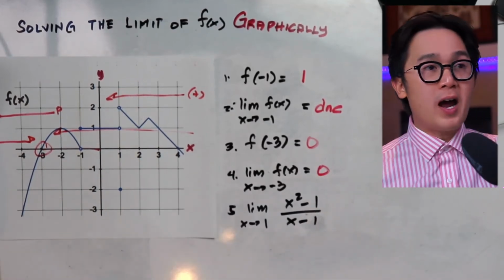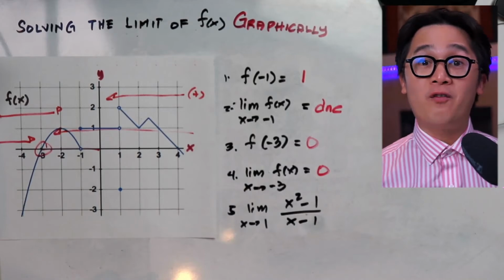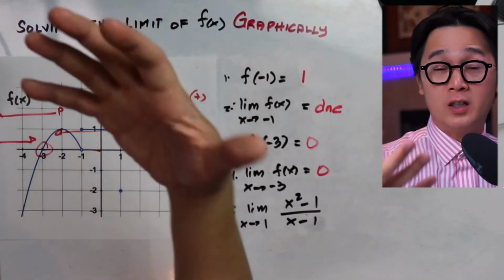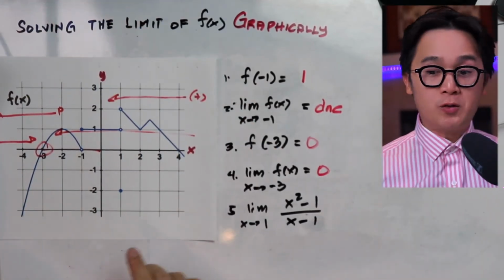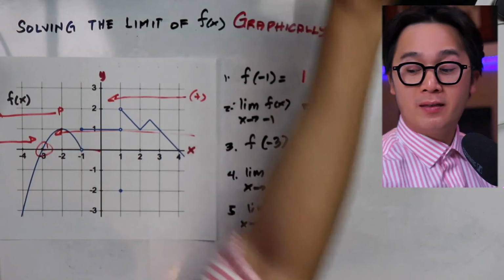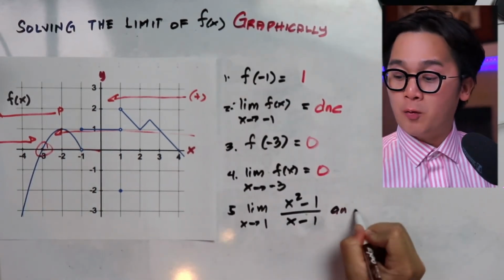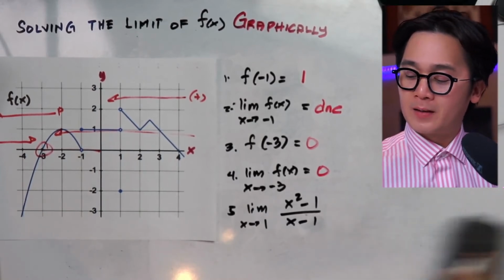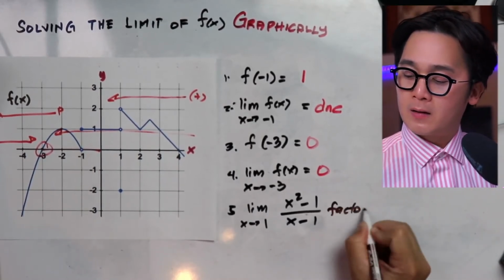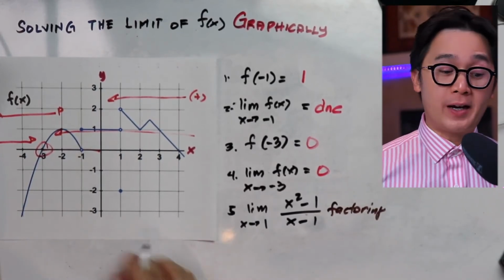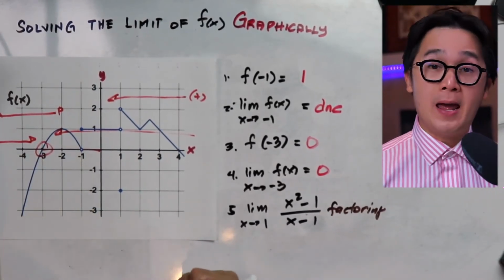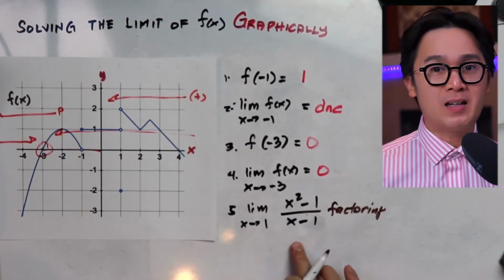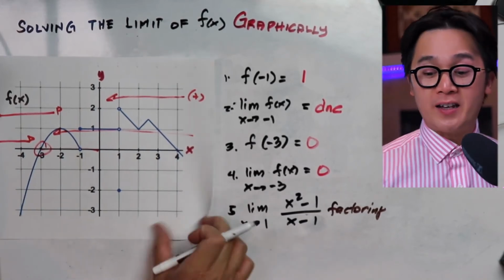So this is why we need to understand how finding or solving for the limit graphically can help us answer problems similar to problem number 5, because this is when we will use factoring in solving for the limit. And because f of x is no longer this f of x, but this specific new function, we're not seeing the graph anymore.